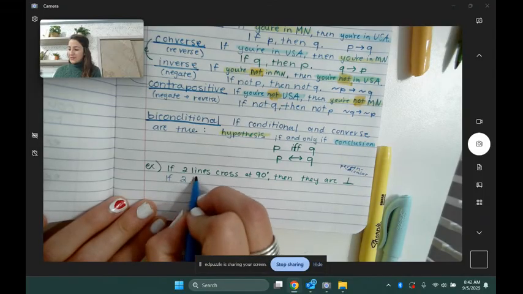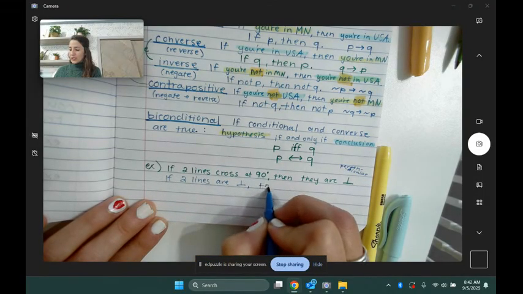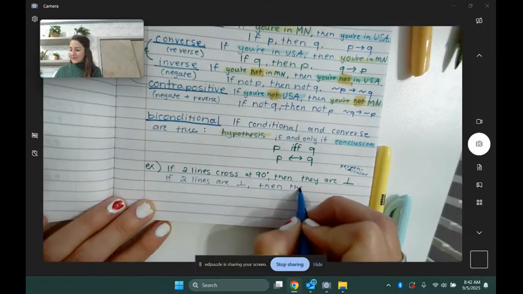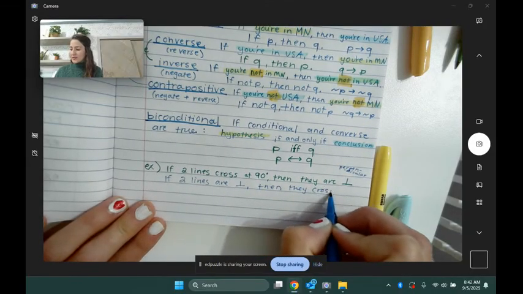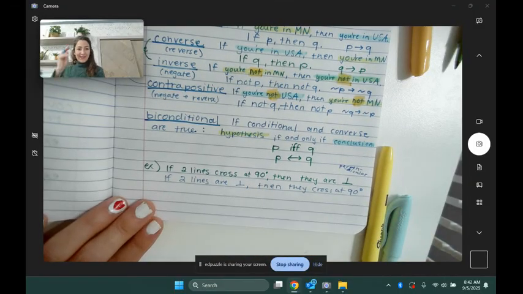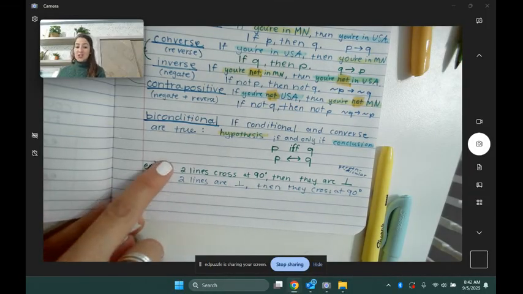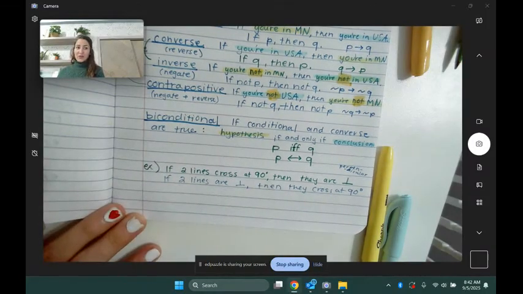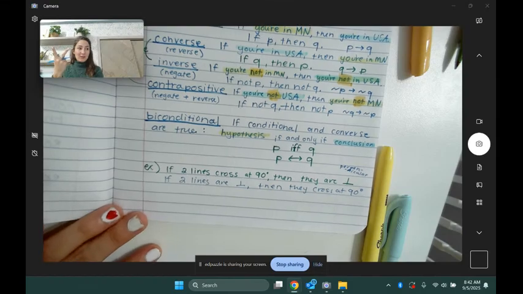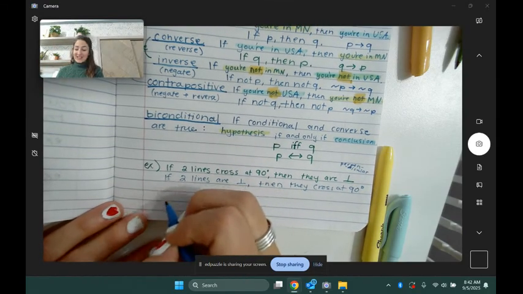If two lines are perpendicular, then they cross at 90 degrees. Also true. So because my conditional, if P then Q, and my converse, if Q then P, are both true, now I can write a biconditional.